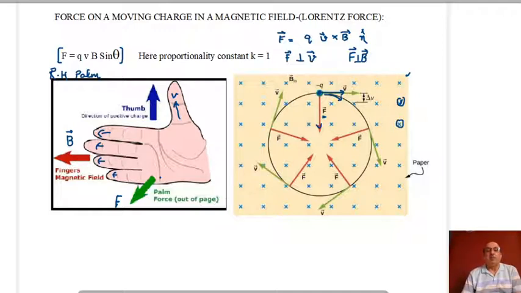So we may use the palm rule to find the direction of force, and we have another rule that is called Fleming's left hand rule.